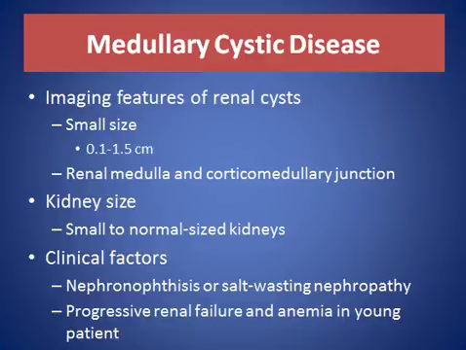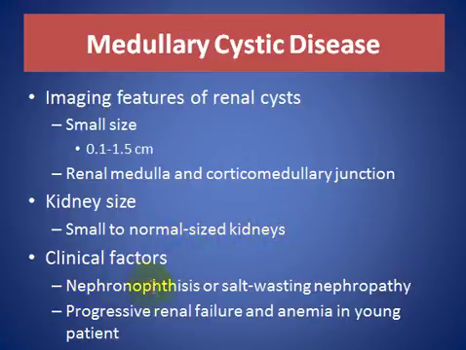Medullary cystic disease imaging feature: renal cysts are small in size, about 0.1 to 1.5 centimeter, located in the renal medulla and corticomedullary junction. Kidney size is small to normal.